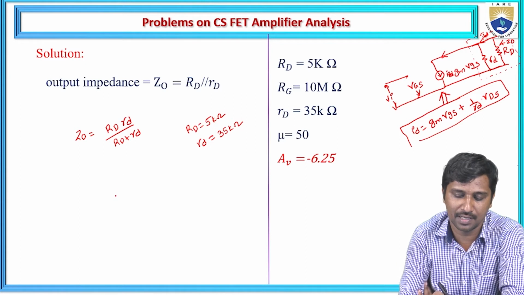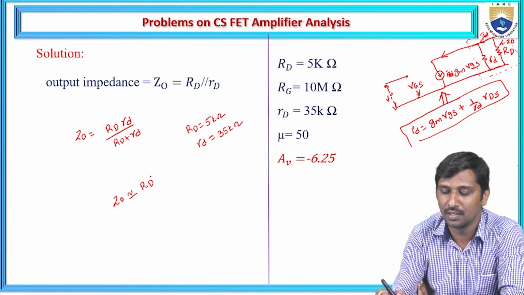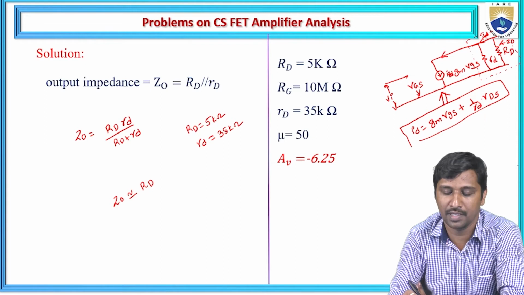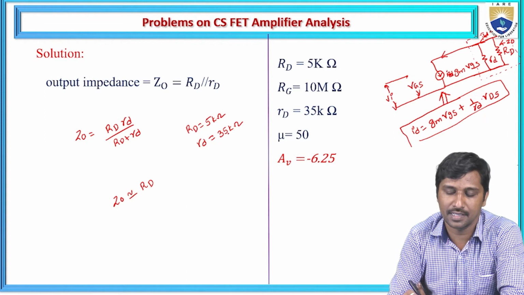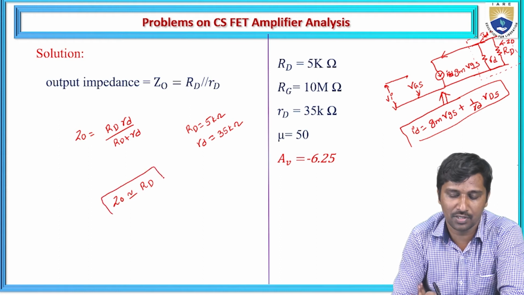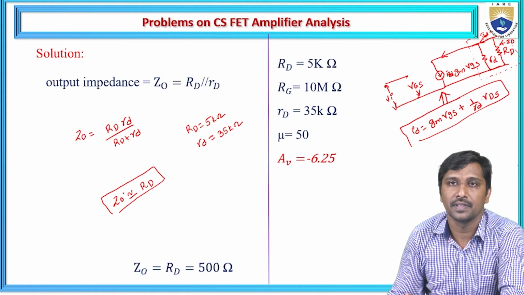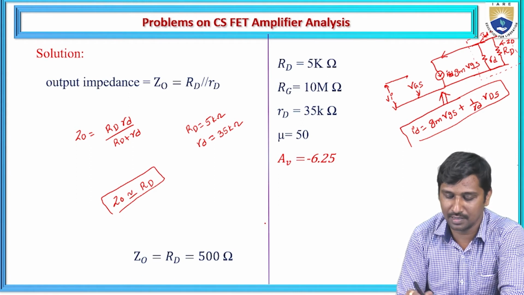Hence, from this representation, we can write Z0 is approximately equal to the smaller resistance value. So the external drain resistance is very small compared with the internal drain resistance. Hence, Z0 is approximately equal to the external drain resistance.